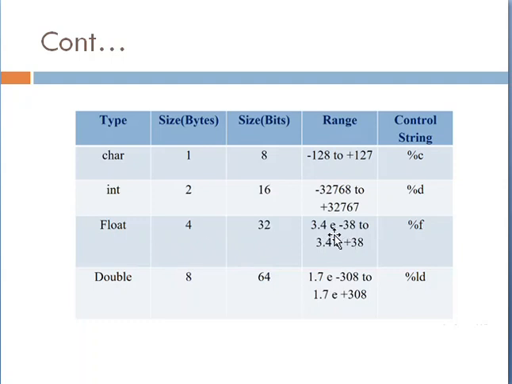This is exponential. As I talked about earlier, E is an exponential constant, and it is declared by %f. Double is 8 bytes, 64 bits, and this is exponential, 1.7e-308 to 1.7e+308, with %lf.